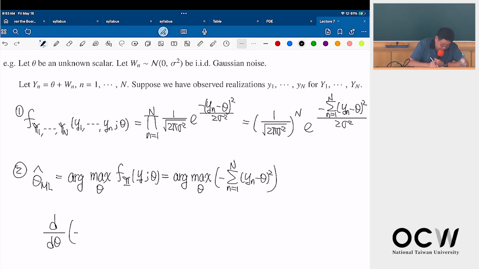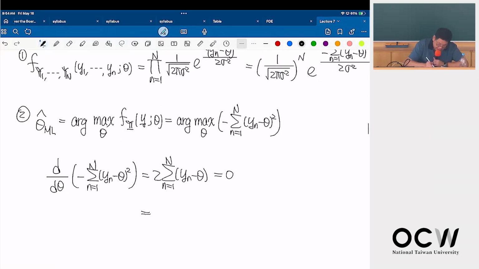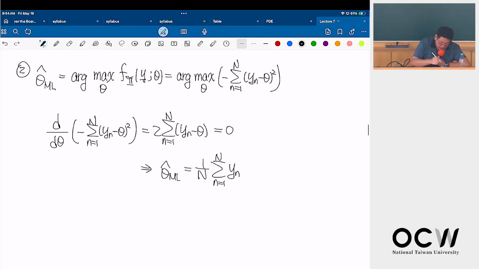To take the derivative, we have 2 times summation n from 1 to capital N, yn minus theta. This should be 0. And then we can get our maximum likelihood theta, the best theta. Again, that's the average. Okay.